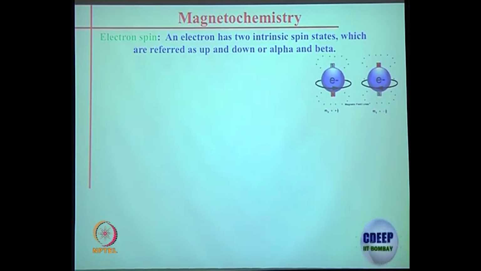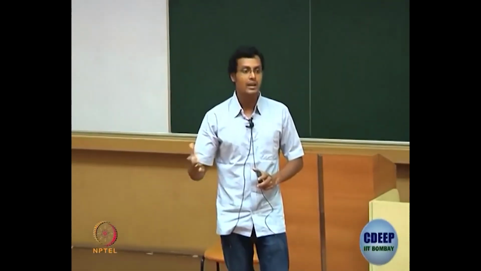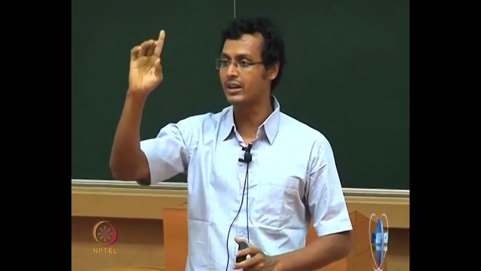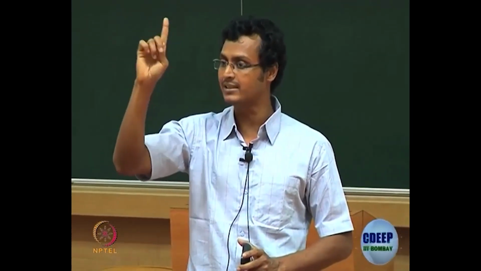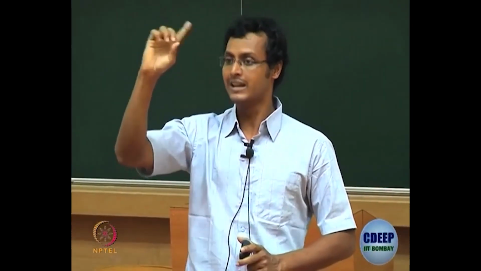Magnetic moment value. So all the complexes can potentially give you a magnetic moment because all of them have electrons. Now the electron, as we were saying, is rotating around its own axis. That's the spin value. It's spinning.